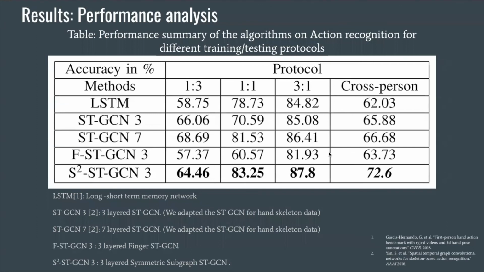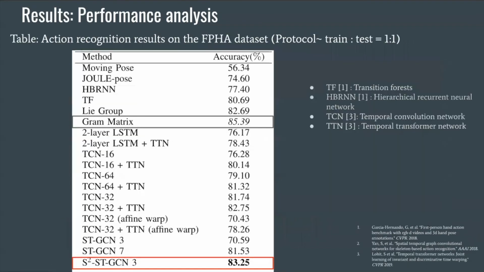That says that with lesser complexity, I can achieve better accuracy. This is a comparison with all state-of-the-art algorithms.